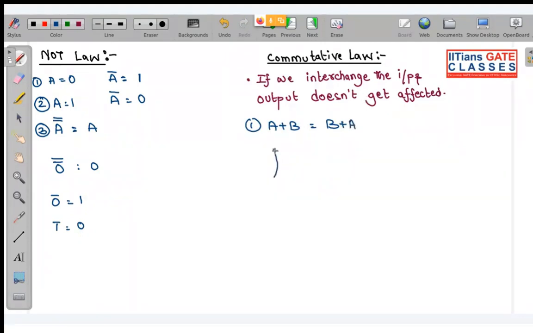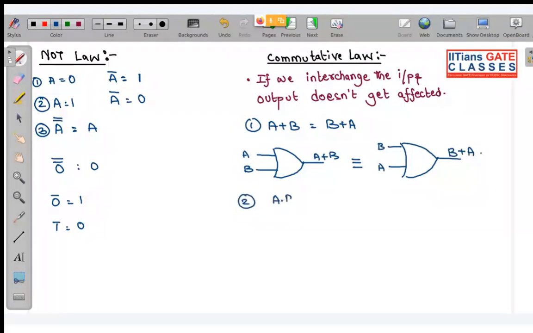If you take an OR gate, if this is A, this is B, this will be A plus B, and this is equivalent to B plus A, so this is the same thing. Second, it can be A dot B, it is equal to B dot A. Third can be what?